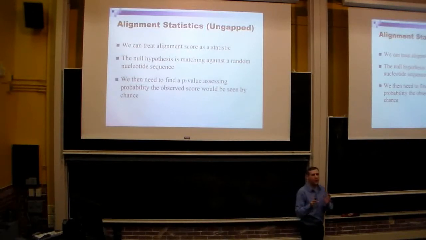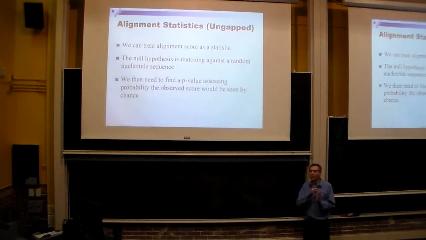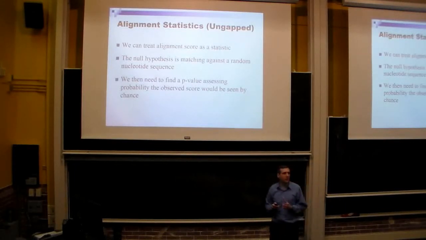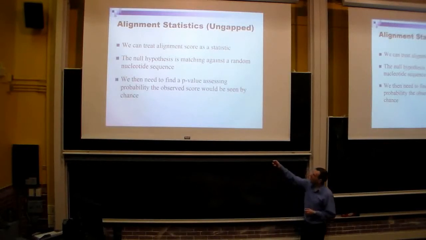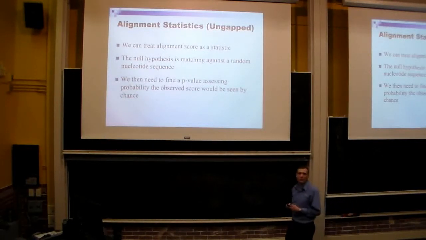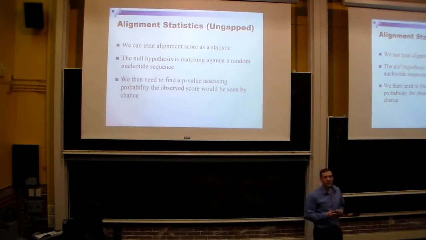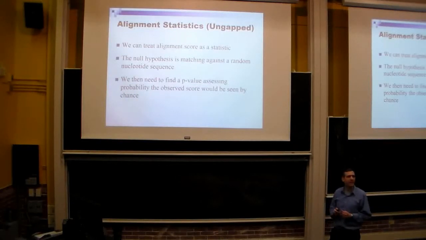So if you took your query sequence and just lined it up against a random string of DNA with equal probability of any string, what would the alignment scores look like? That null hypothesis is going to imply a probability distribution over alignment scores, and we can use that to derive a p-value for this alignment and figure out whether we're looking at a significant alignment. So, questions about any of this yet?